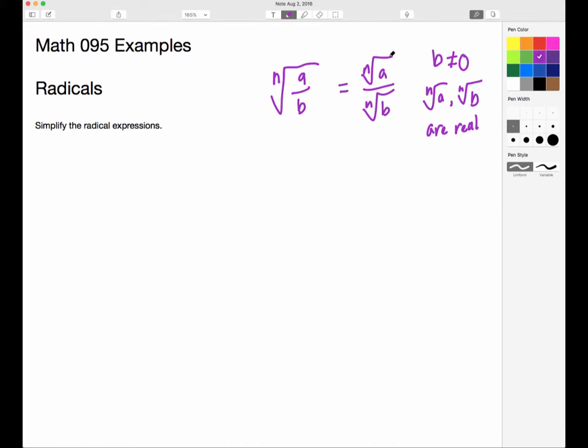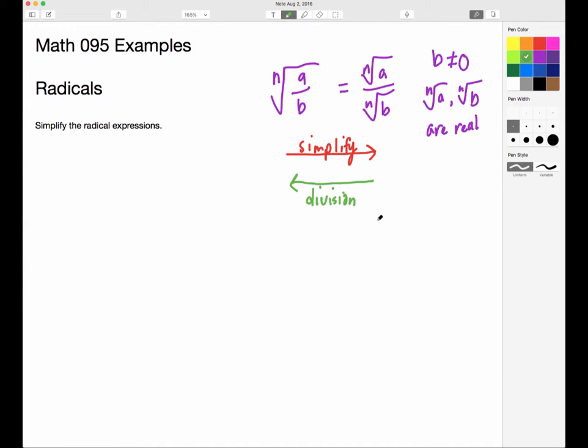So this equation here, it actually works two ways. If you start with something that looks like the left side and want to turn it into the right side, we do this when we want to simplify a radical expression. If we go the opposite direction, so we start with two radicals on top of each other and combine them so it's just one radical sign, we go that direction when we do division.